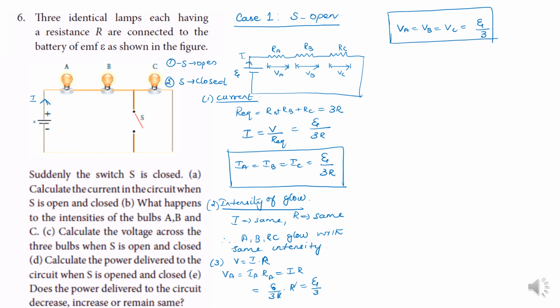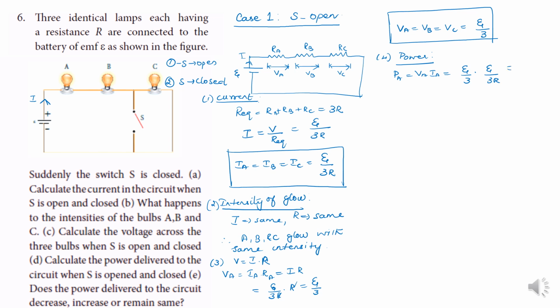Fourth one, power delivered to the circuit. Power PA is equal to VA IA, which is epsilon by 3 into epsilon by 3R.